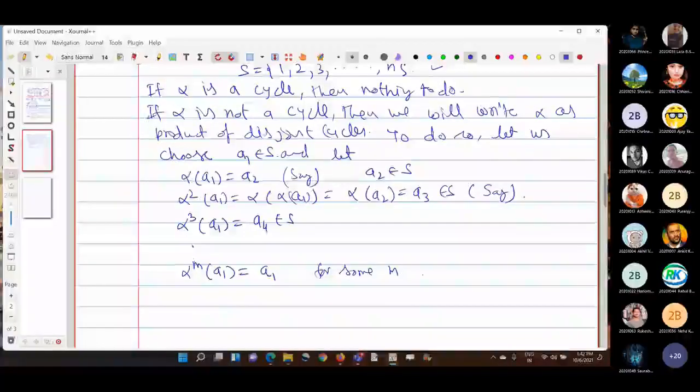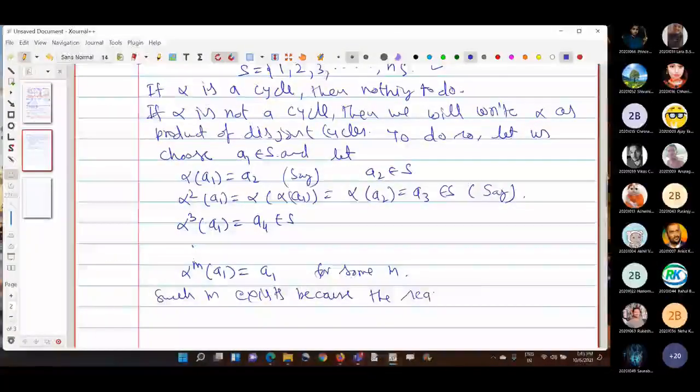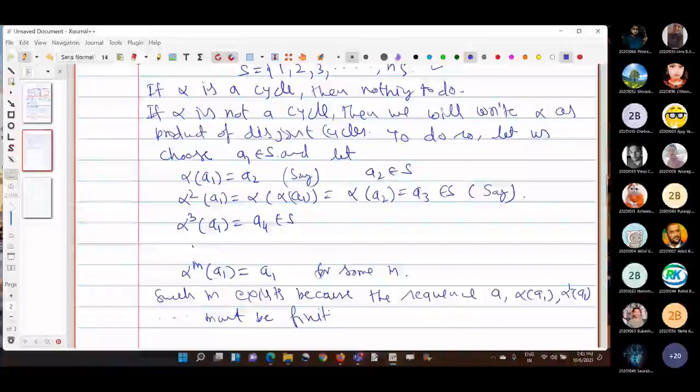And such an m exists because the sequence A1, alpha of A1, alpha square of A1, and so on must be finite, since S is finite.